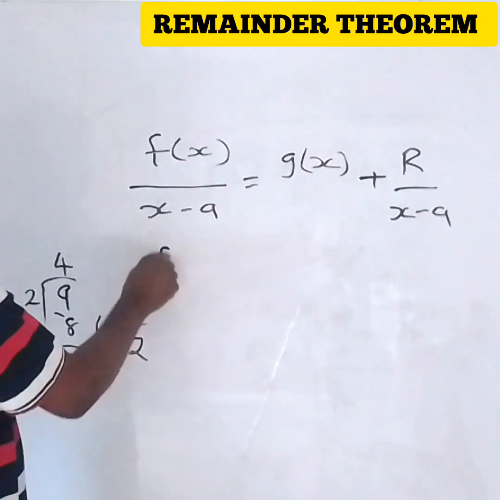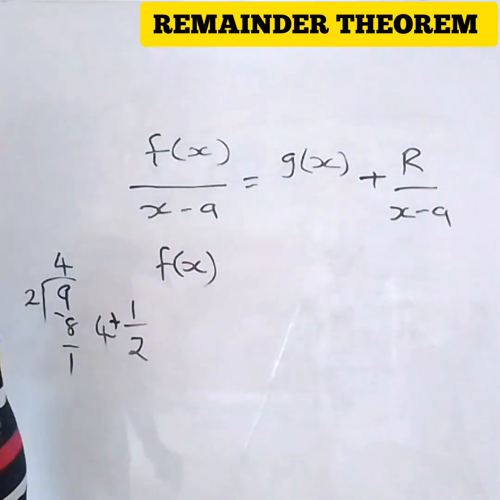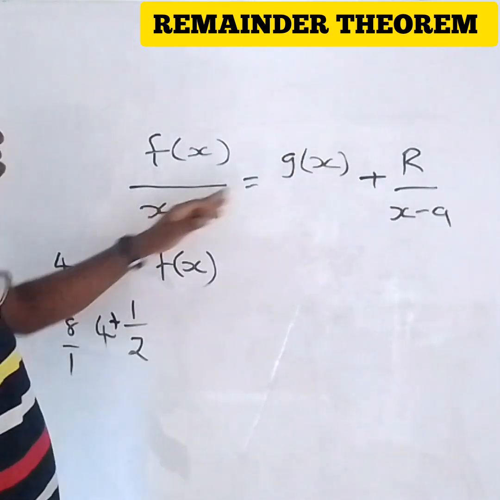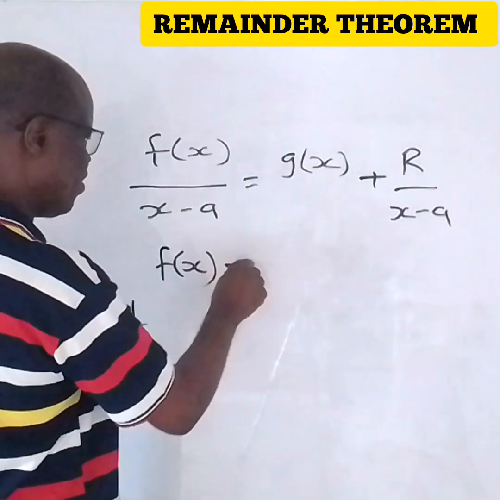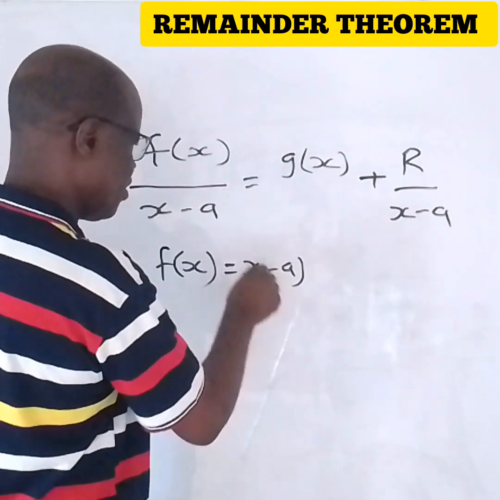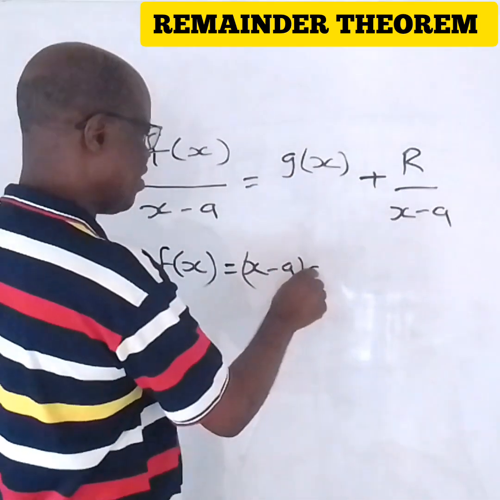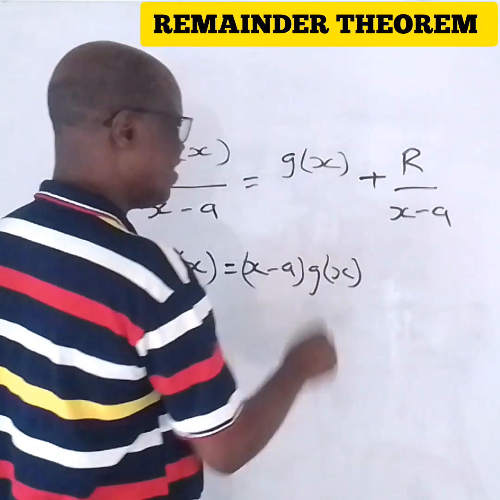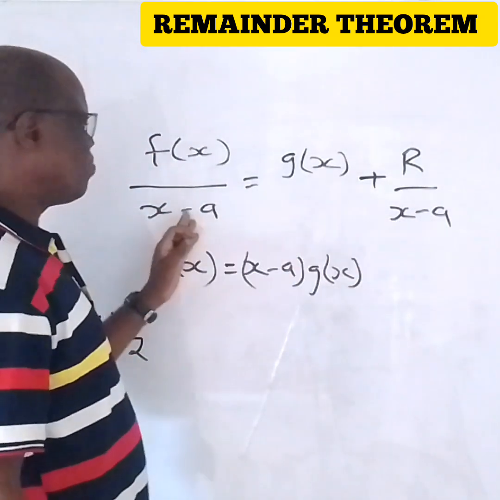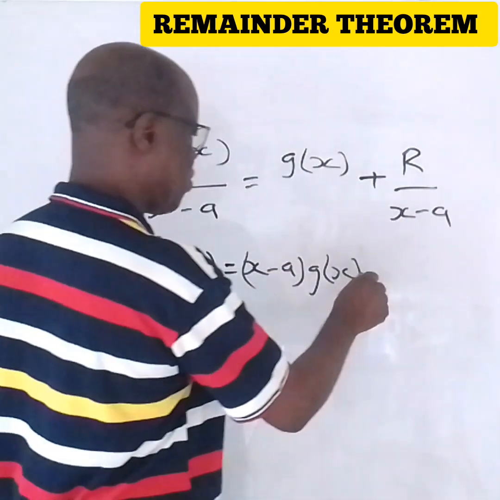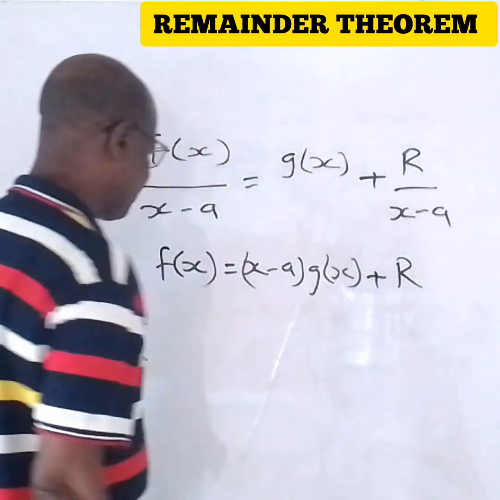Then we can now say f of x equals, now we multiply this by this, then you have g of x. Then if you multiply this by this, this will cancel, plus r.